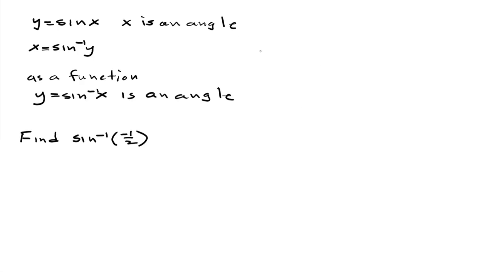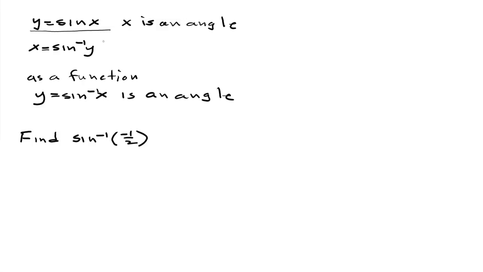all right, let's look at what the inverse trig functions represent. I'm going to use sine as my example here, but this applies to inverse cosine, inverse tangent, and so on. Okay. All right, so when you look at the sine function right here, right, x is an angle. It takes sine of an angle.